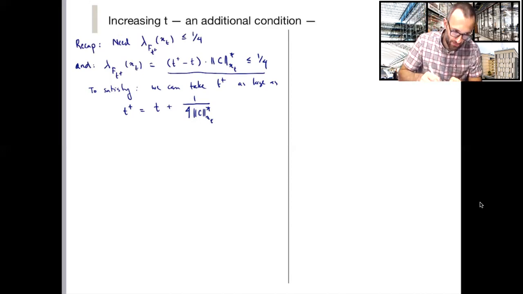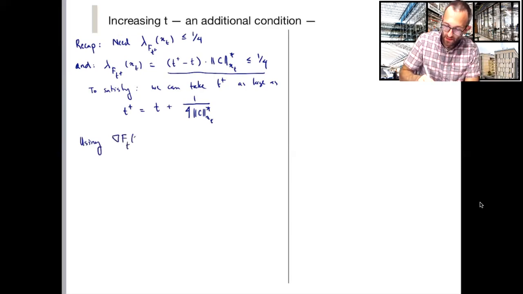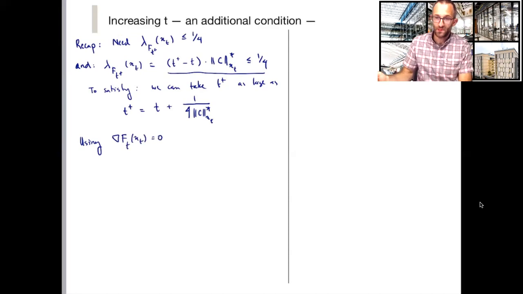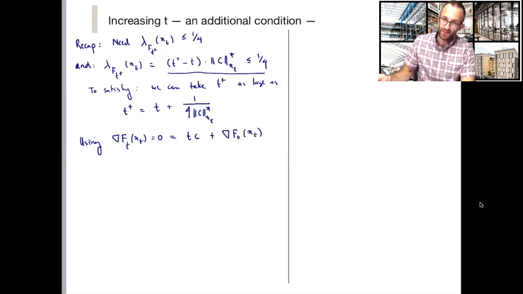Remember, using the fact that the gradient of ft at xt equals 0, but also remembering that ft is just t times c prime x plus f0, then this is itself just equal to t times c plus the gradient of f0 at xt.